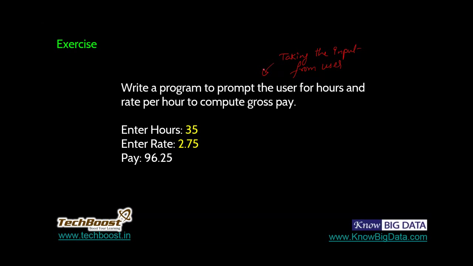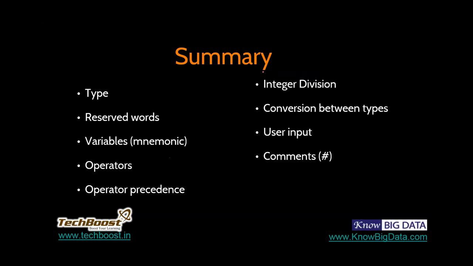Okay. So let's see what we discussed as a summary for this slide. We discussed the types of data. We discussed the reserved words, variables, how we define them, the rules to define a variable, and also that we should take care of the mnemonic, that is the memory-aided naming conventions, to be followed for variable definition.